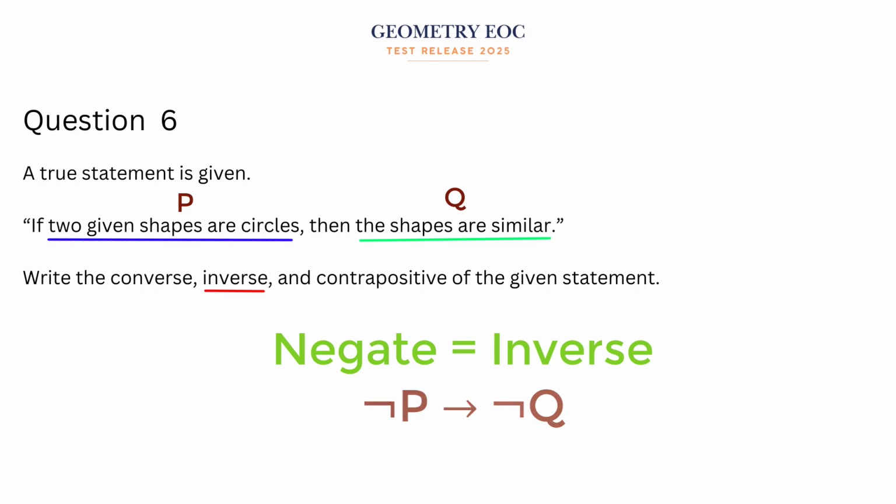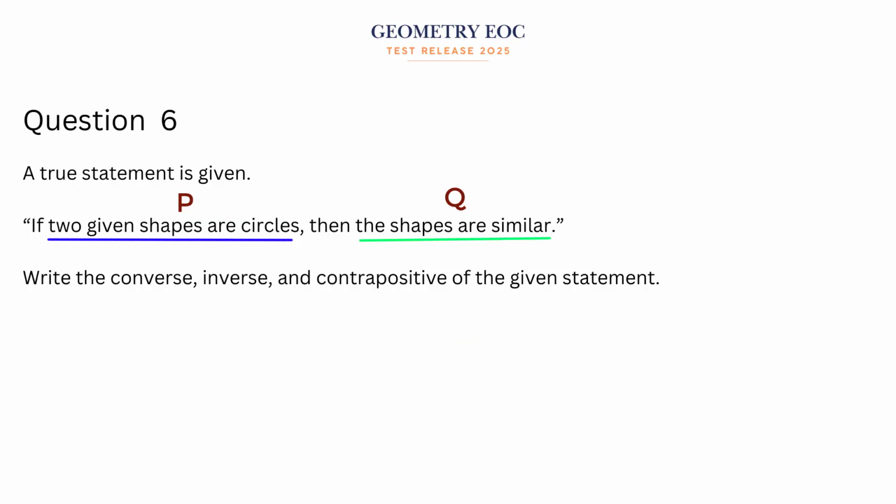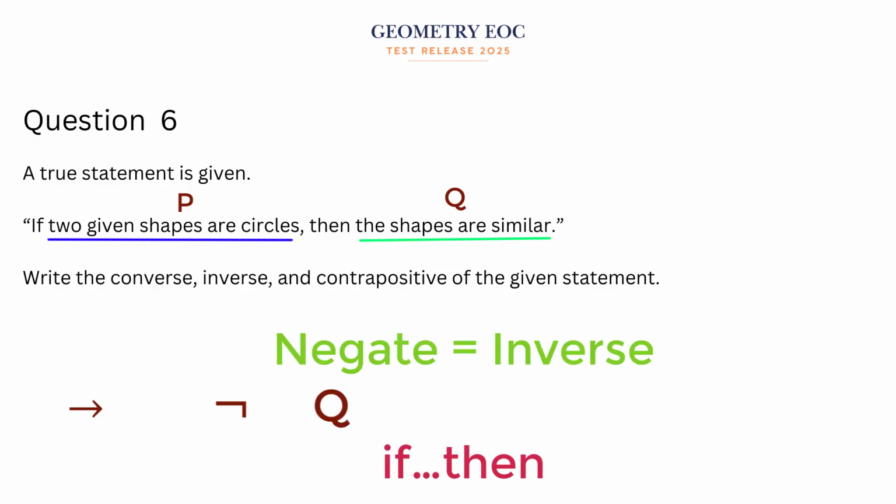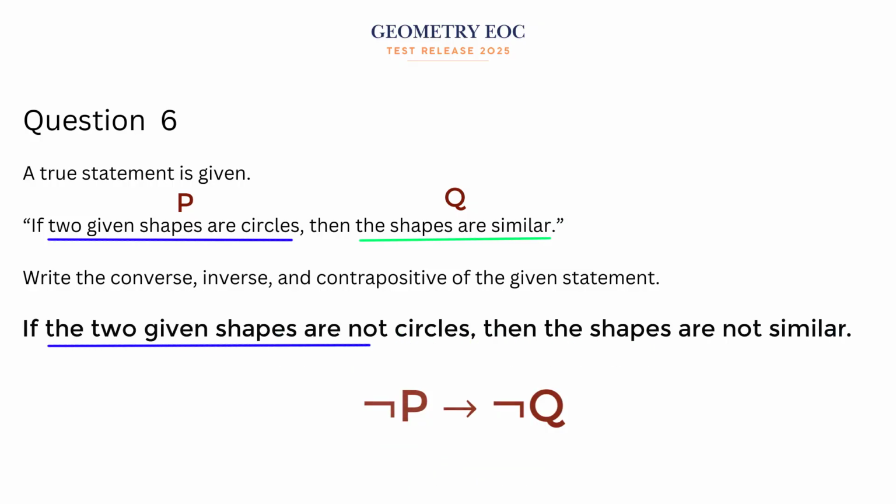So we keep the order the same, but we add not to both P and Q. Original, if P, then Q. Inverse, if not P, then not Q. So we get, if the two given shapes are not circles, then the shapes are not similar. Symbolically, not P implies not Q. We didn't switch, we only negated.